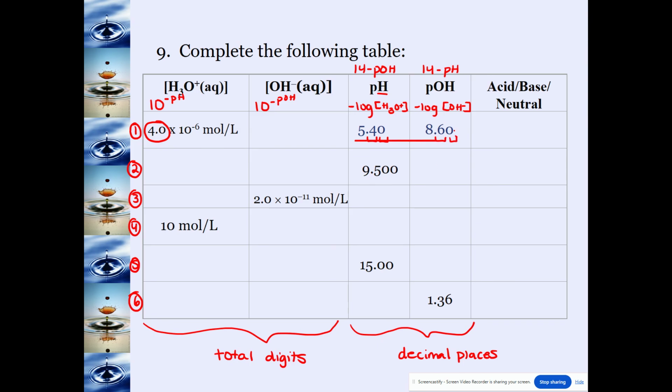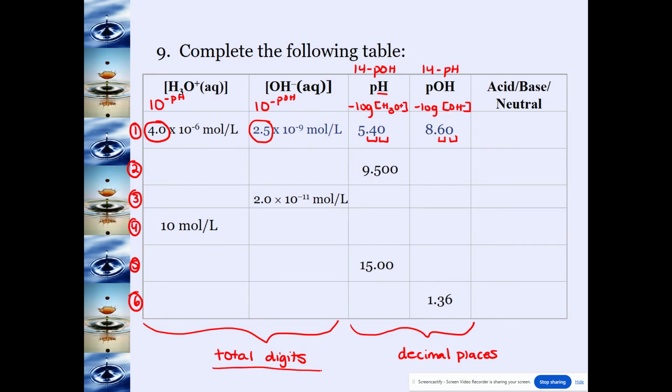Okay? And now from that, I can find the concentration of my hydroxide ions because, now that I have pOH, it is going to be 10 to the power of negative pOH. So 10 to the power of negative 8.60. Now I'm looking back at total digits, 2 sig-digs, to match the decimal places in my pOH.